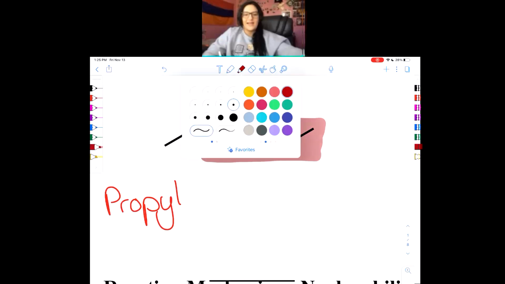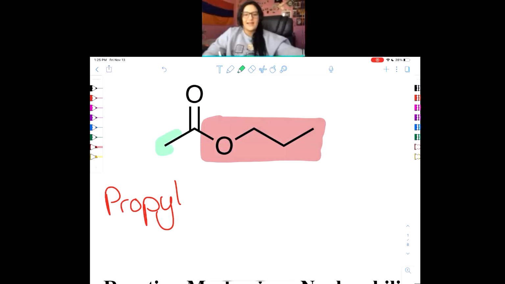And now let's use green. We are going to name this side. What do we think that group of carbons would be called? Okay, so people said methyl, and I'm really glad you said that, because that is the trick that people always get mixed up on. Yes, it looks like there's just this one methyl here, right?